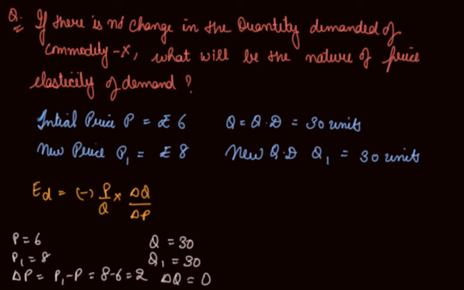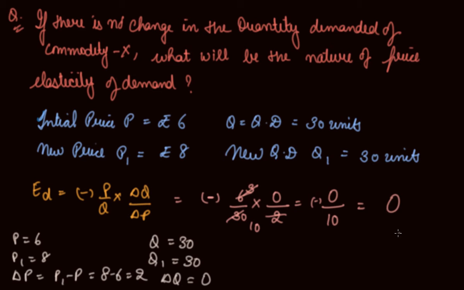So you have all the information with you, which is minus, your price is 6, quantity is 30, your change in quantity is 0, your change in price is 2. So you have 0 by 10, so you will get an answer 0, right?